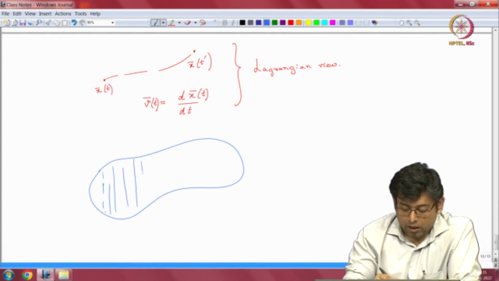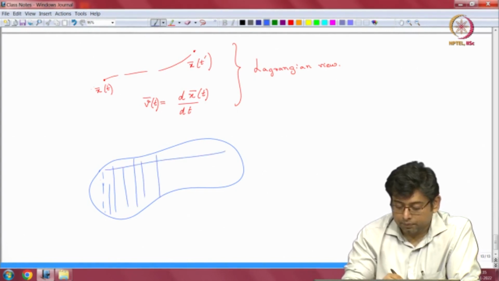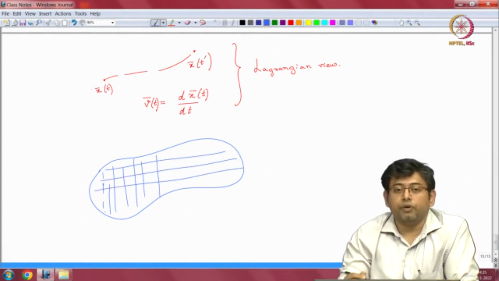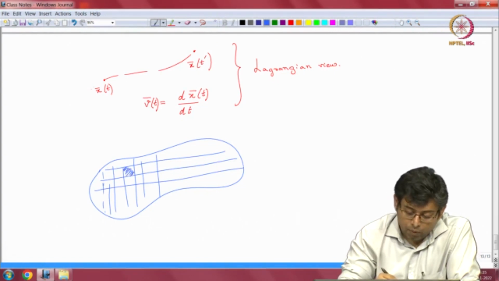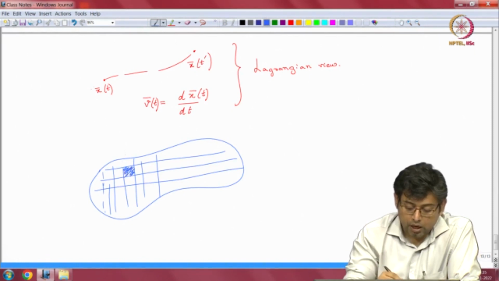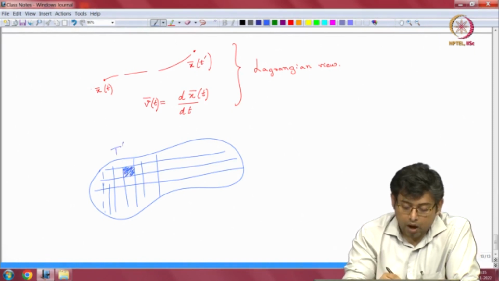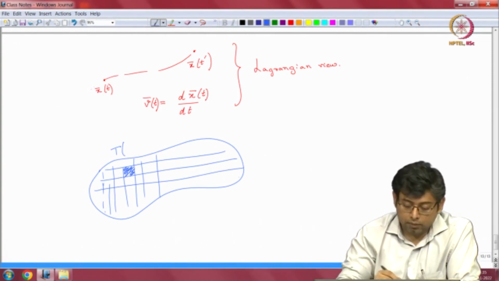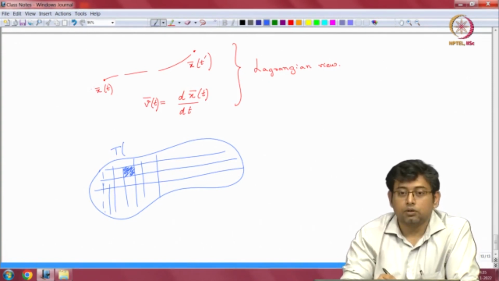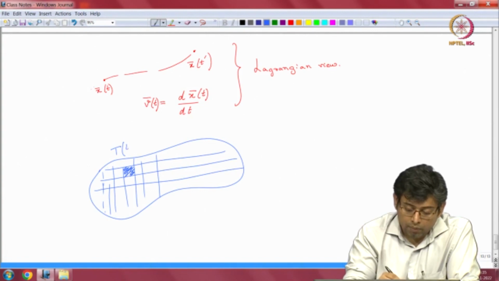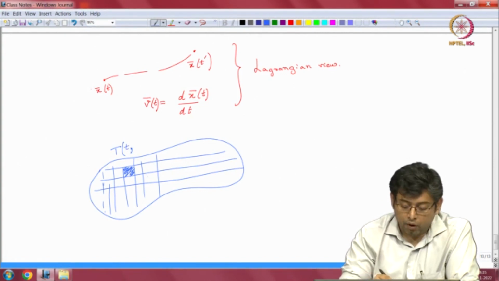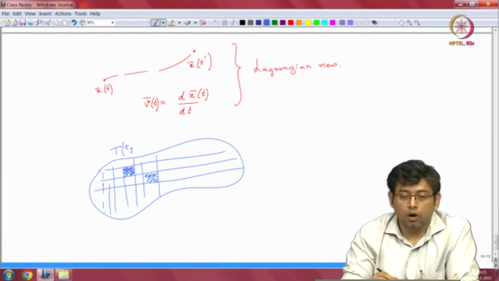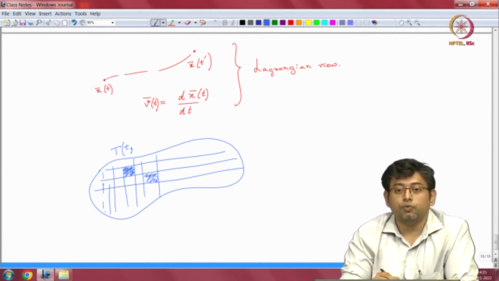And we can say that we will keep this grid fixed, and we are going to monitor, let us say, the temperature of this location, capital T. Then I just have to monitor the temperature at these locations over time. So this temperature now becomes a function of time, and if I go to a different window, it will have a different temperature. So my temperature is a function of which window I use.